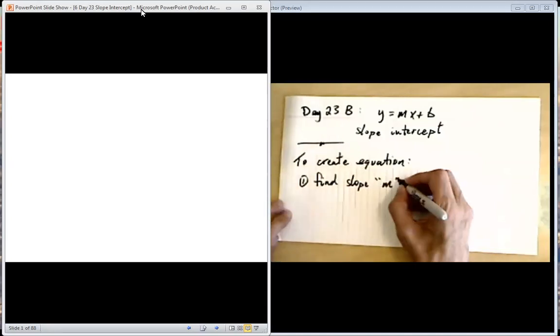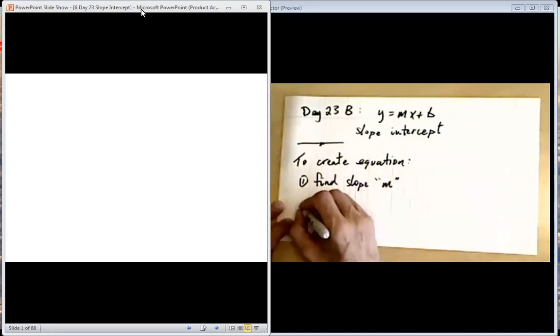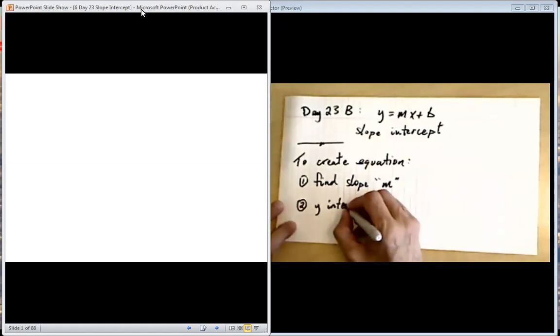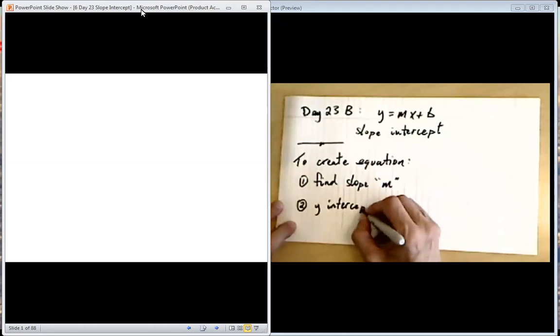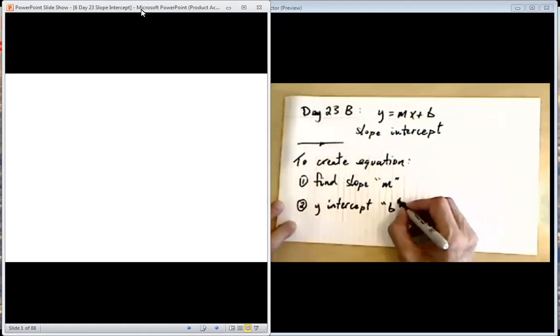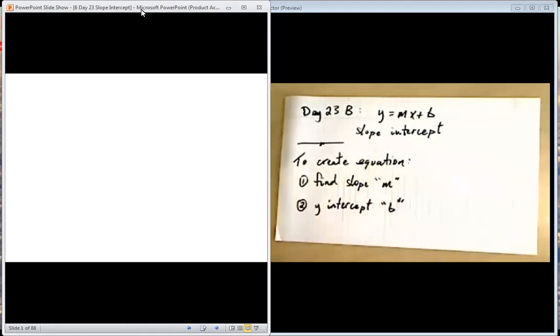And then we also have to find something called the y-intercept. And here it's going to be given the letter b. I think I mentioned elsewhere, sometimes c and such.